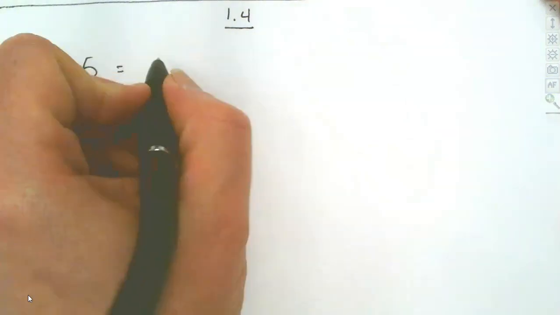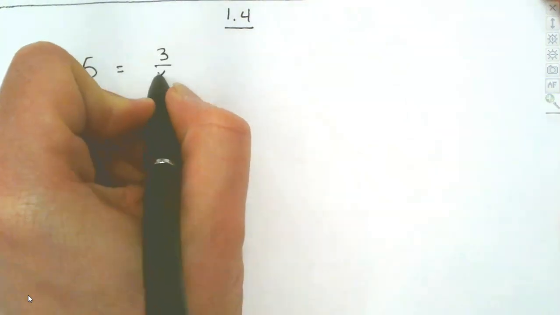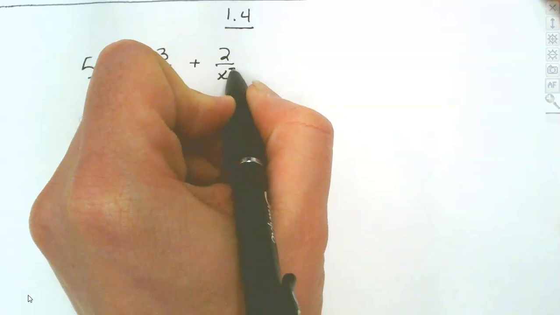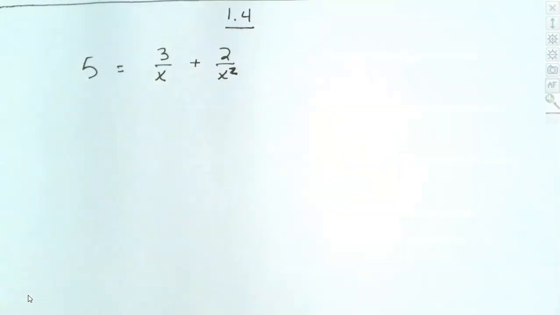So let's go ahead now and look at some more of these out of 1.4 using the quadratic formula. Here's one we'll solve. This one also has fractions. Okay, this one's a little bit different.